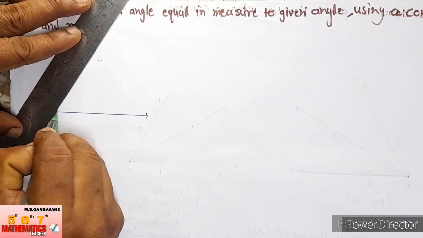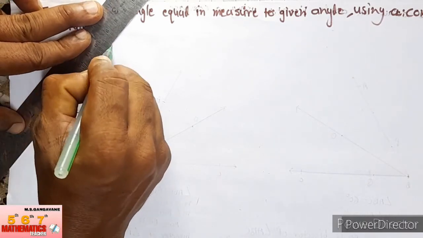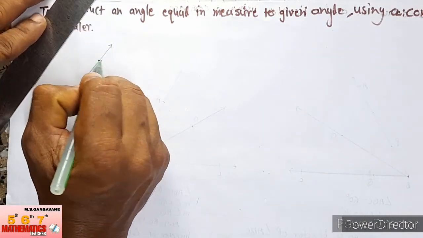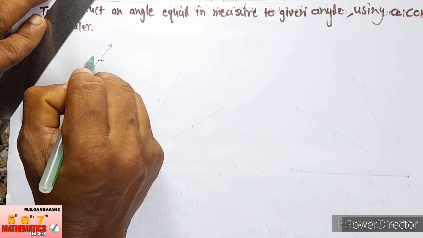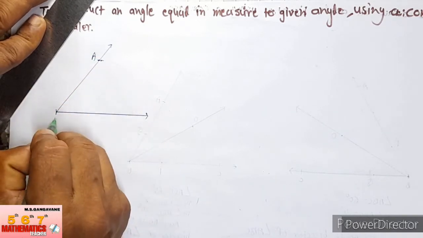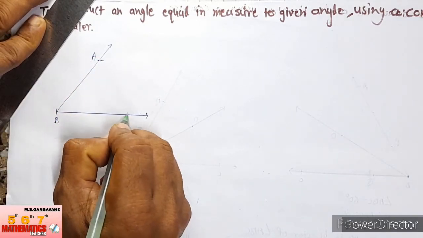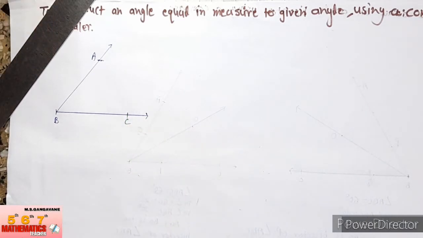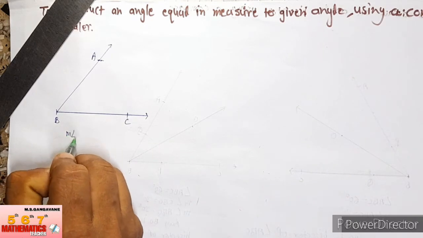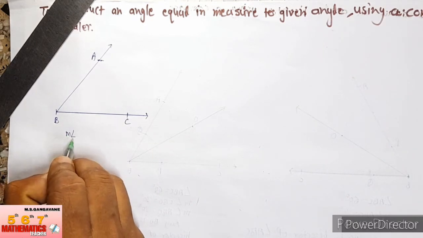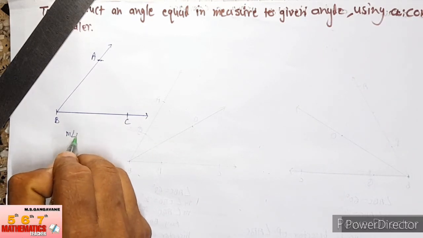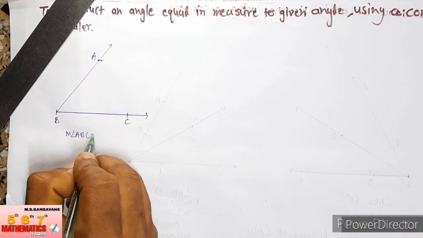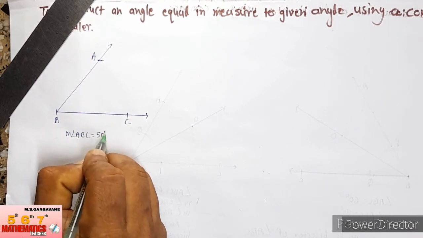Now draw the angle here A, B, C. Now measure angle. M for measure, it is the sign of angle. Angle ABC is equal to 50 degree.